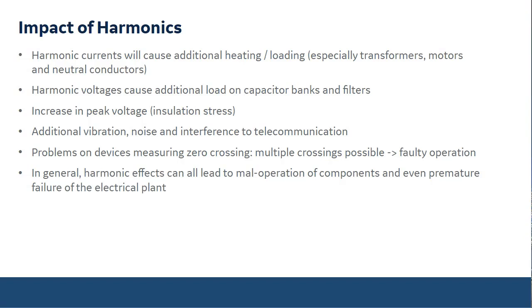This is what they will cause, and these are the reasons why we really need to get rid of the harmonics. Now the basics, you probably know them from before, but this was just a brief reminder of what these are.